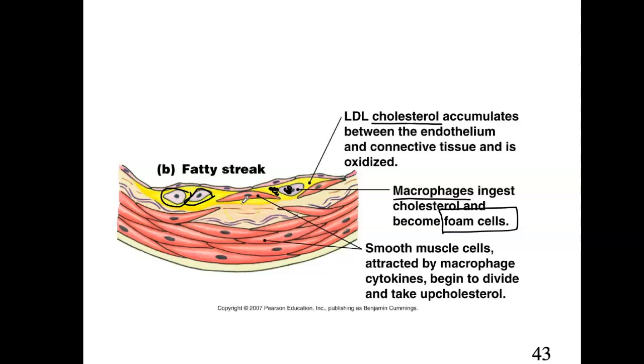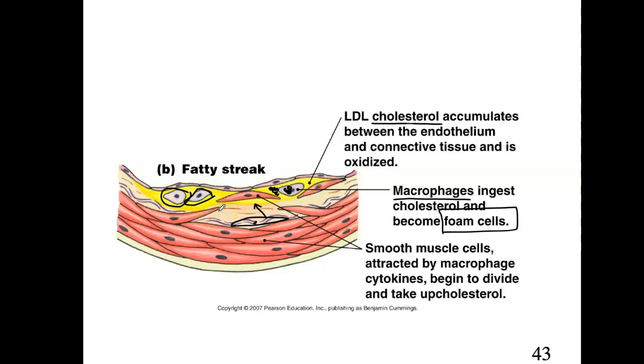Not only that, but look at this disruption of muscle cells. The smooth muscle cell, this cell that should be down here minding its own business, instead has migrated. It's attracted by these macrophages, and it also migrates and begins to divide.